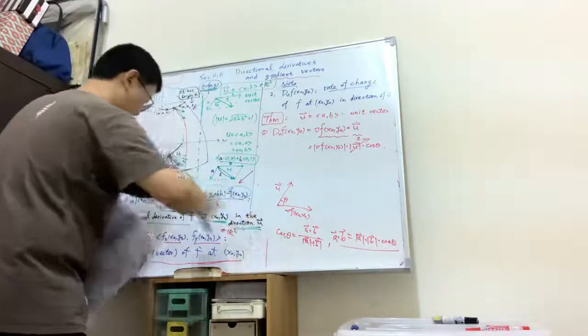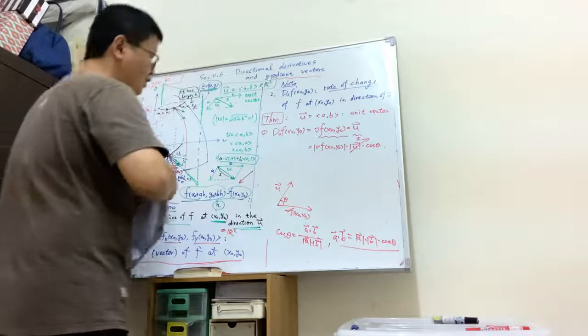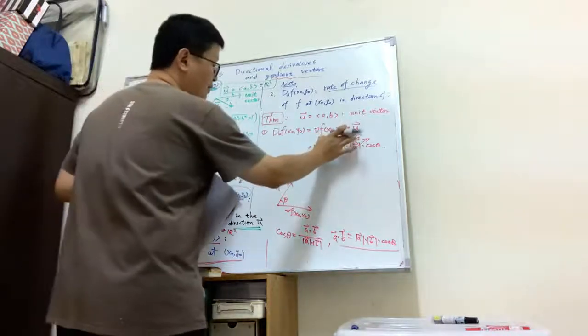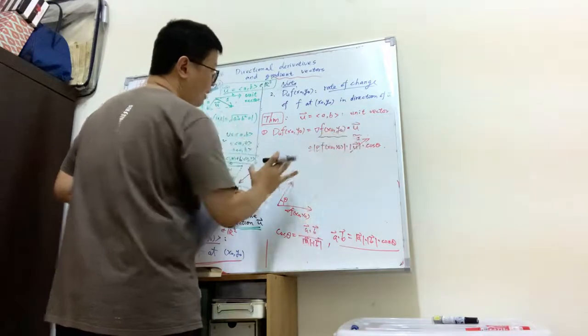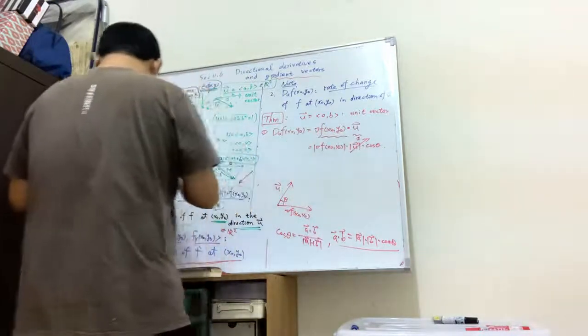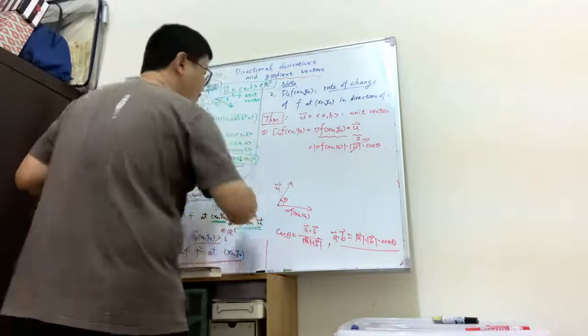So for the directional derivative, originally the most important result is this one. But for this result, we could say more. Here we have this one, and what does theta mean?